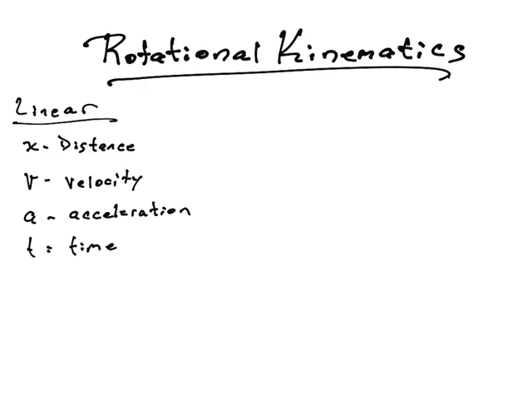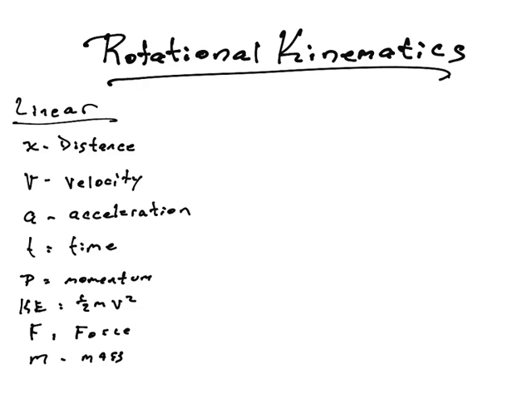What other linear variables did we know? We know momentum, p. Kinetic energy, 1/2 mv squared. F for force. M for mass. All of these variables we had in physics thus far, and we're fine with them. We've used them in equations and so forth, so we're kind of used to them.